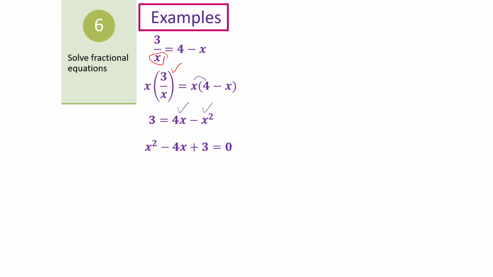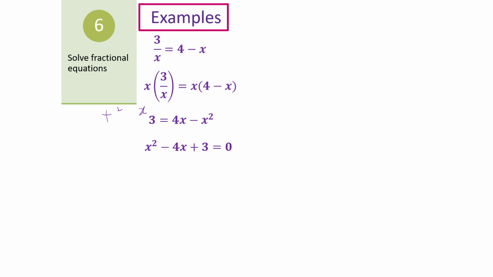If you were to bring every term to the left hand side, in other words, I'm going to minus 4x to get rid of this, and you have to do it on both sides, and plus x squared to get rid of this.